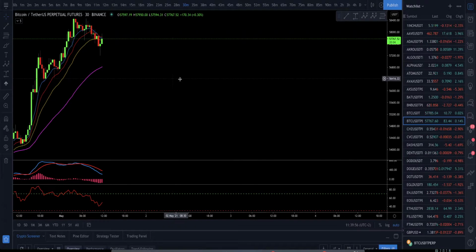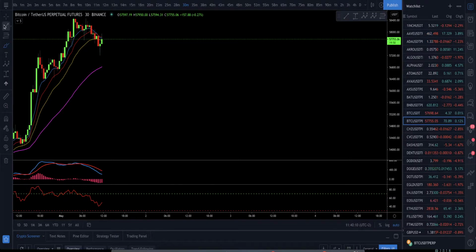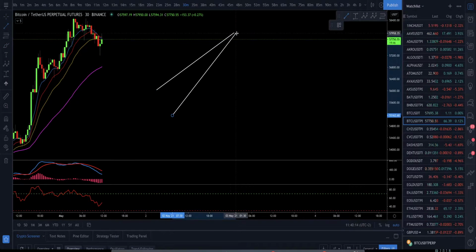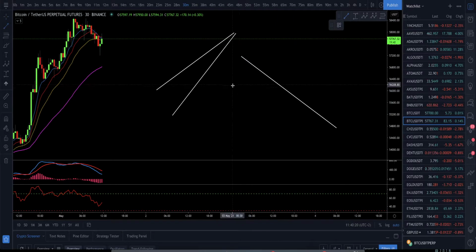So yeah, guys. Normally, rising wedge is like this. Sorry, that's not like that. Rising wedges are like this, and falling wedges are like this, right?